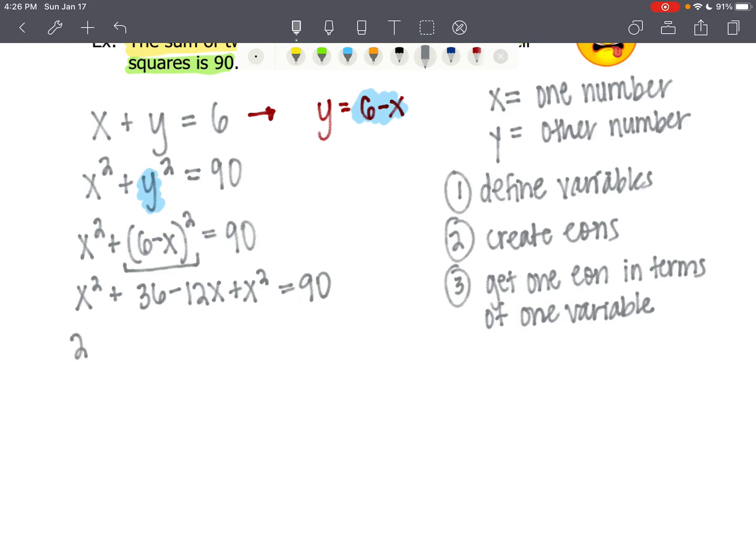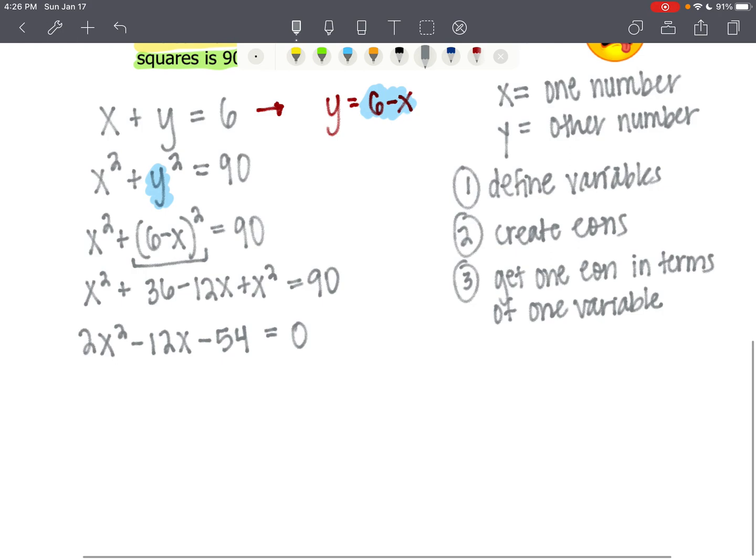And I'm going to combine like terms, 2x squared minus 12x. I'm going to subtract 90 from both sides. And when I do that, I get 54. So 2x squared minus 12x minus 54 equals 0.